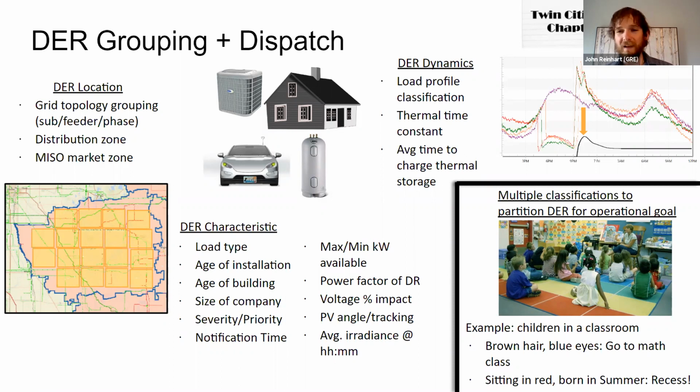And the example I have in the lower right, I think of it as a classroom of kids, and a teacher might have a game which says that if you've got brown hair and blue eyes, you're going to go to math class now. And if you're sitting in a red square and you were born in the summer, well, you get to go to recess.